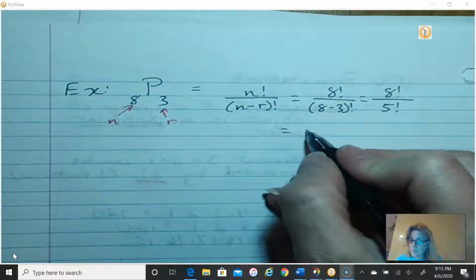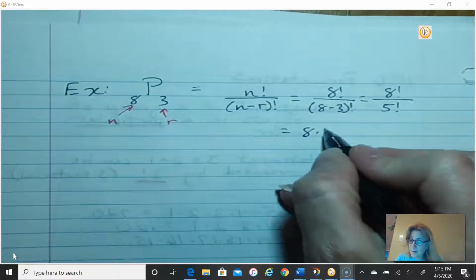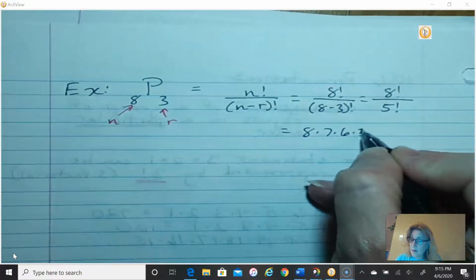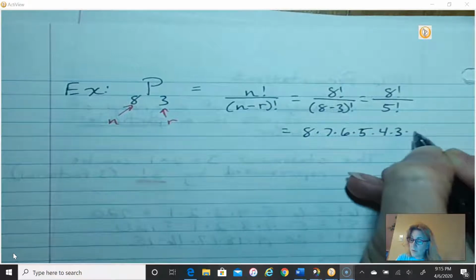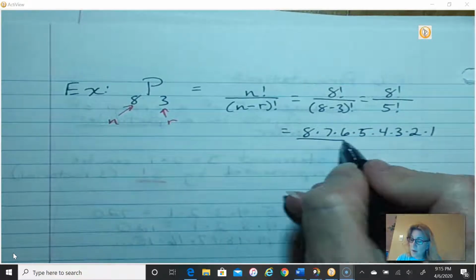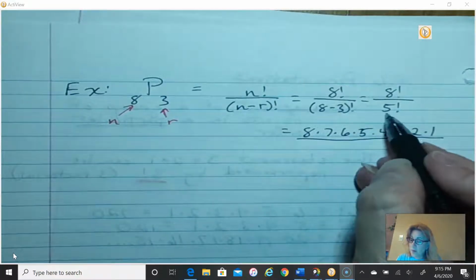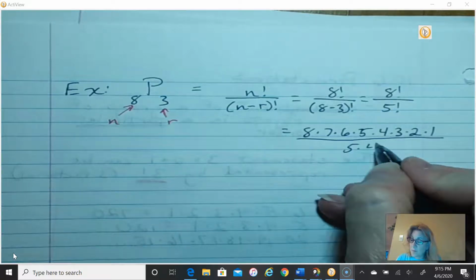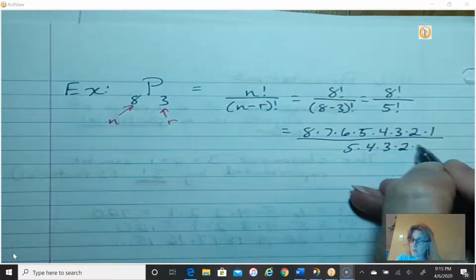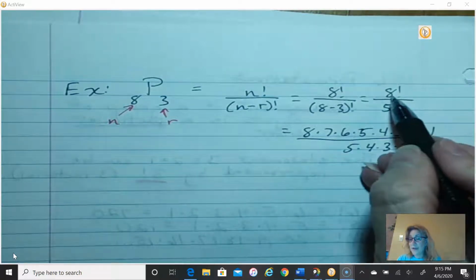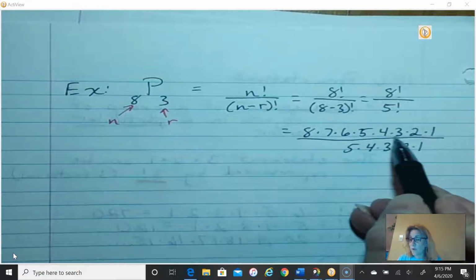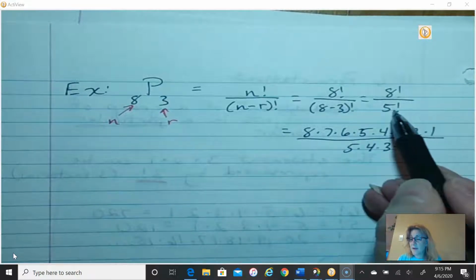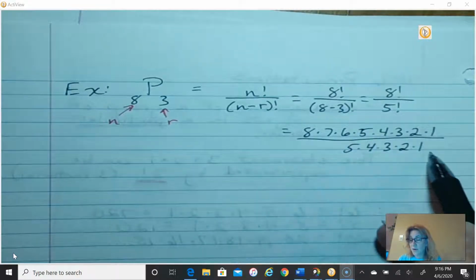I'm going to move it down here. 8 times 7, 6, 5, 4, 3, 2, and 1, all over 5 factorial, 5 times 4 times 3 times 2 times 1. So we had to do the 8 factorial first. We wrote it out. Then the 5 factorial underneath. Wrote it out.